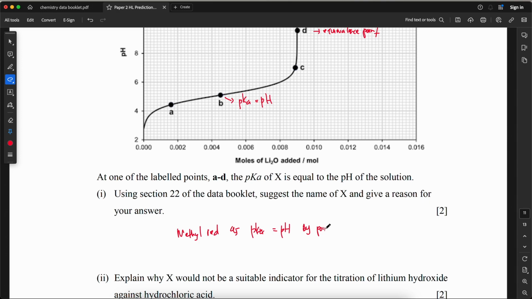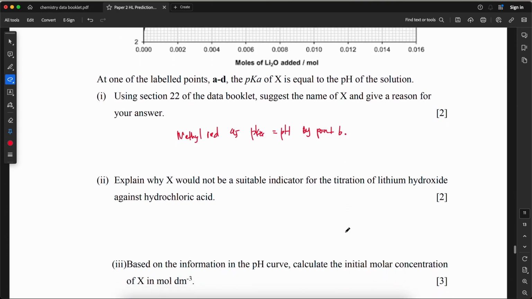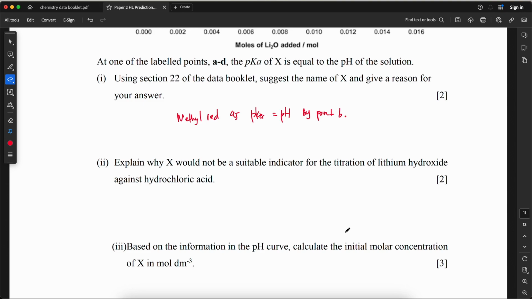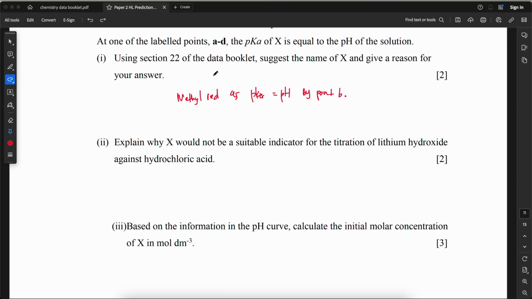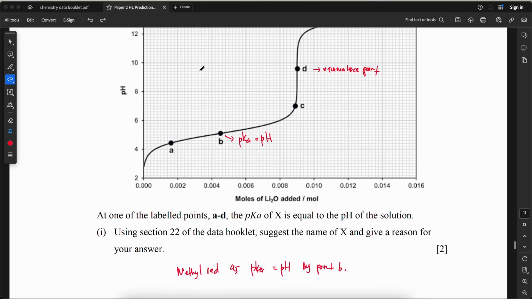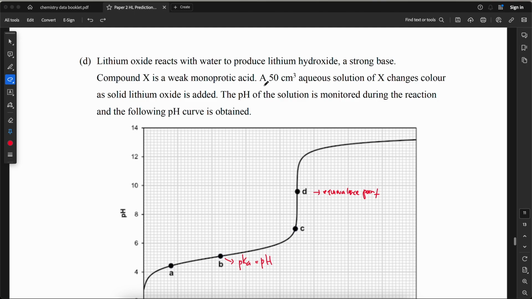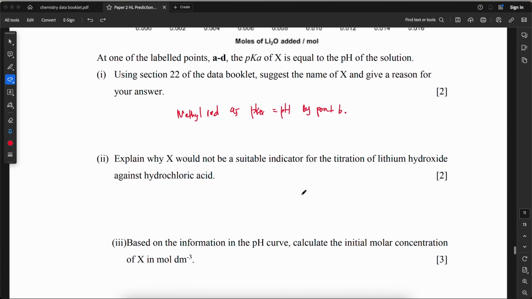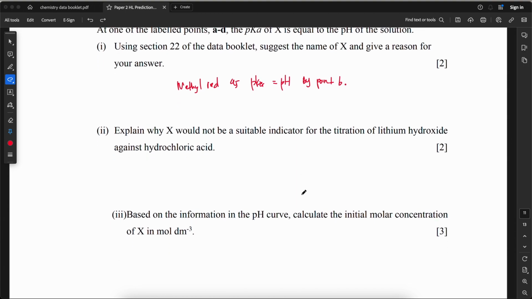Explain why X would not be a suitable indicator for the titration of lithium hydroxide against hydrochloric acid. The previous one, it's between weak acid, monoprotic weak acid with strong base, where the equivalence point is at around 9 something. So when the monoprotic weak acid changed to hydrochloric acid, the equivalence point would be at pH equal to 7.